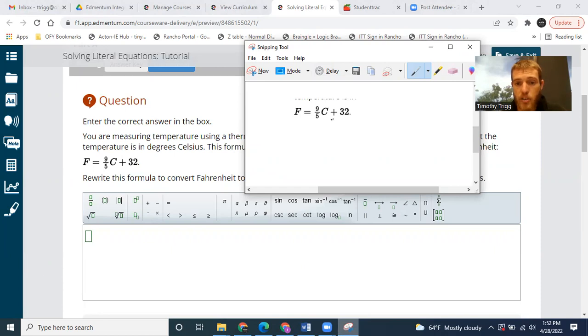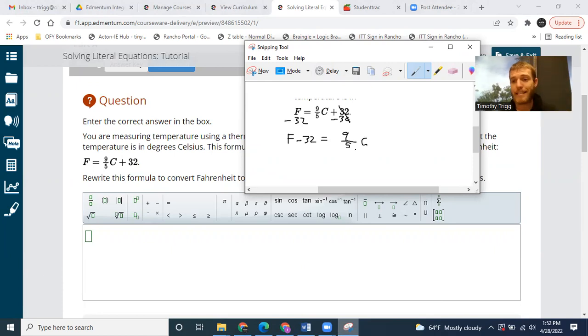Now, I hope you can see I can subtract 32 from both sides of this equation. F minus 32, we can just write it like that. F minus 32 equals, then on the other side, we have 9/5 C.